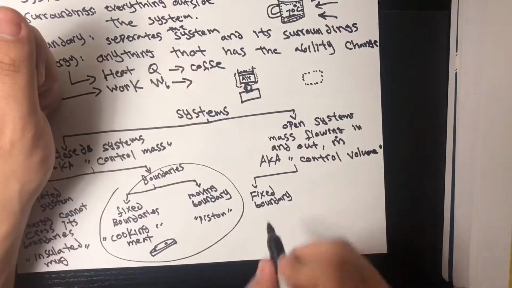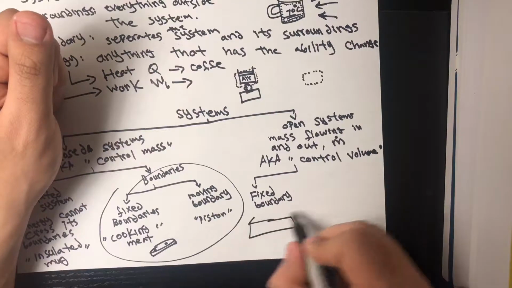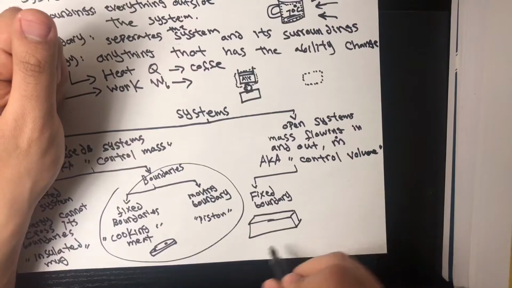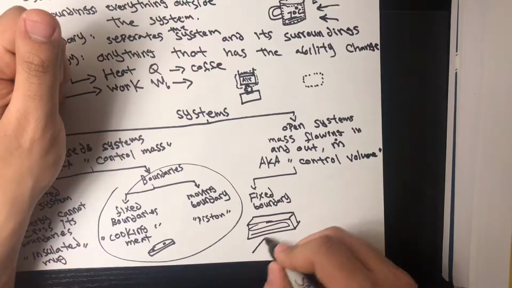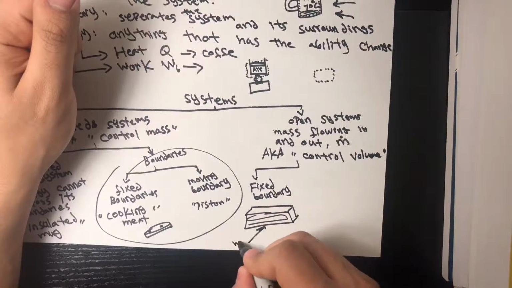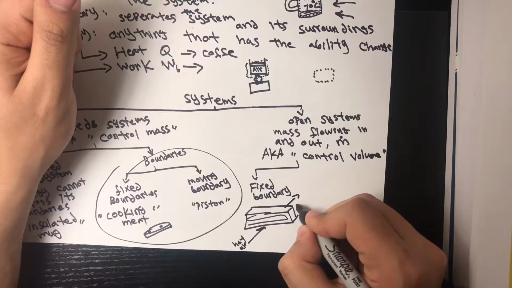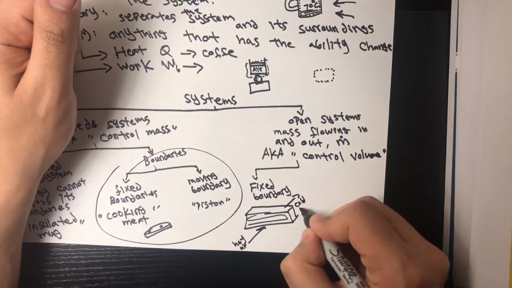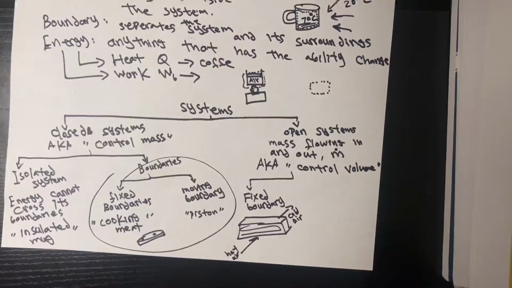So an example of that would be, say, an air conditioner. An air conditioner usually has air flowing in, hot air, and then air flowing out, the cold air being pumped out after the hot air goes in and then loses all the heat to the refrigerant inside the air conditioner.